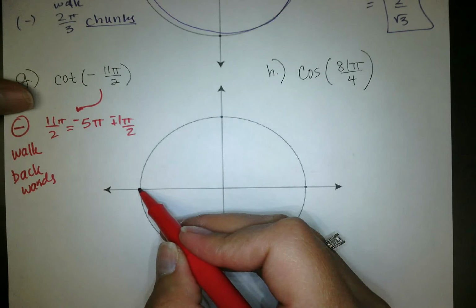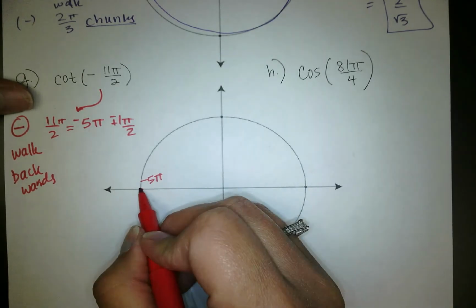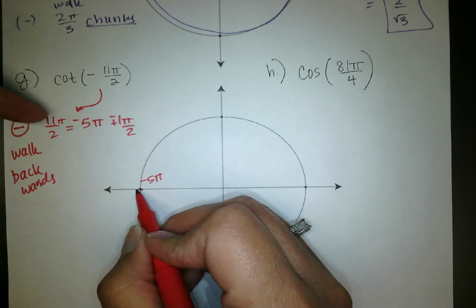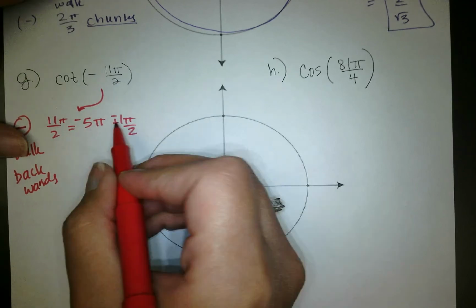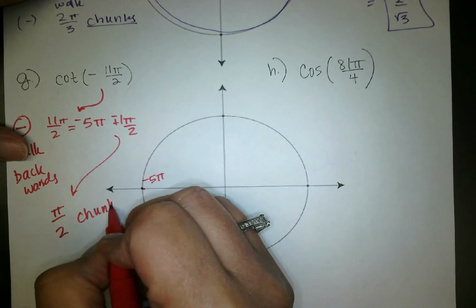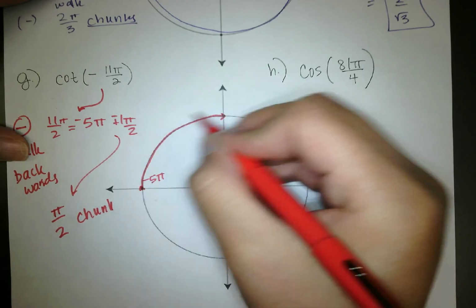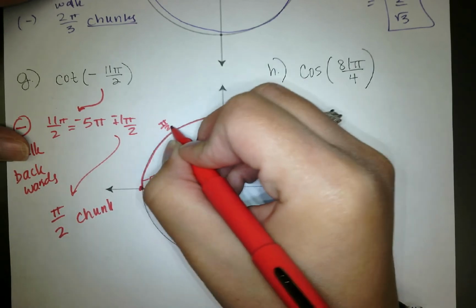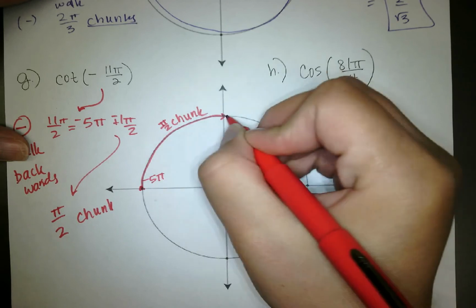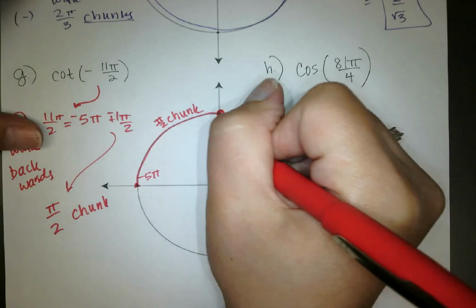1, 2, 3, 4, negative 5 pi is here, so I'm here, but I'm not staying there. I have to go another pi over 2 chunk. This is a pi over 2 chunk, okay? So from here, what's a pi over 2 chunk? Right here. So I'm landing here, at the original pi over 2.